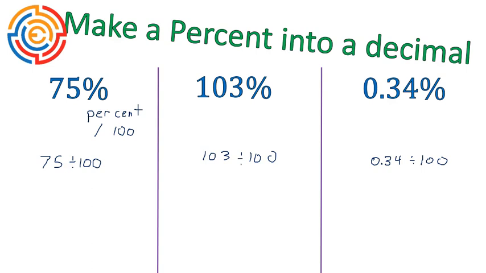Now, we can also simply move the decimal place 2 places to the left. So 75 becomes 0.75. 103, the decimal would start there, and we can move it 2 places over. It would become 1.03.